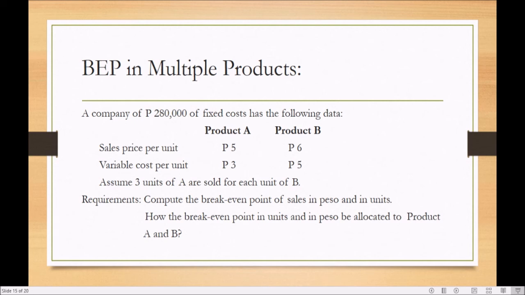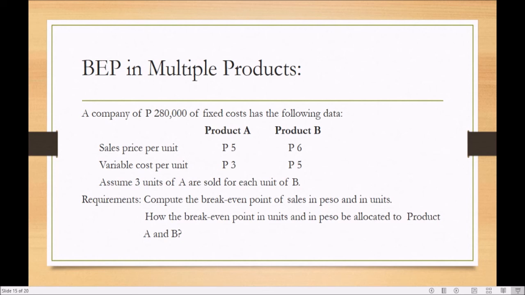Okay. Requirements. Compute the break-even point of sales in peso and in units. How the break-even point in units and in peso be allocated to product A and B? Magkaiba po yun ha. Yung una, pinapakompute yung totality of break-even point in peso sales and in units.